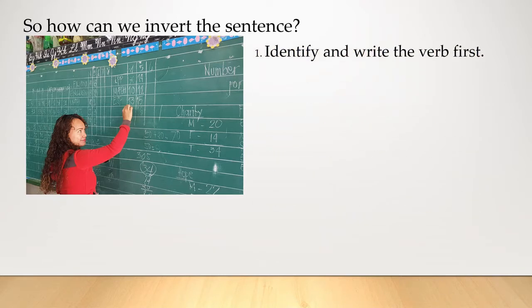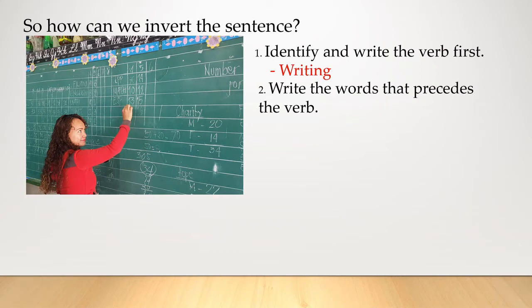Number 1, try to identify and write the verb first. In this case, our verb is writing. Then, write the words that precede the verb. Where is the teacher writing? Writing on the board.